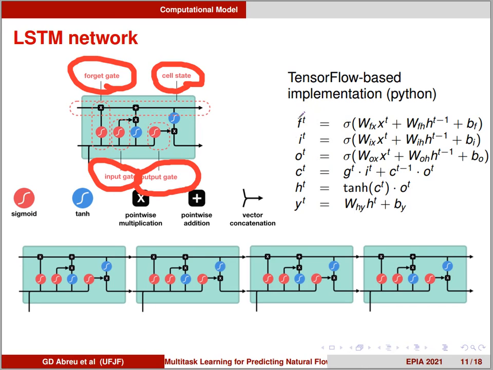This is the mathematical model for the LSTM cell, and we have implemented this neural network in Python using a TensorFlow-based implementation, and these cells are concatenated in a sequential structure to build the neural network model.